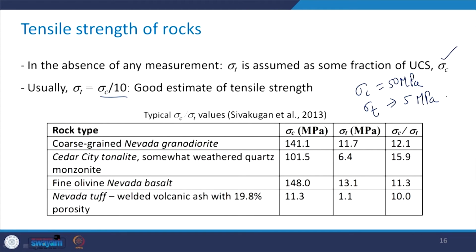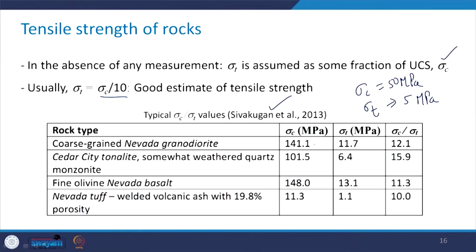Now some of the literature shows typical sigma c upon sigma t values for different rock types. So here we have mentioned, again this has been taken from this reference, the coarse grained Nevada granodiorite. We have discussed what kind of rock granodiorite is, what is its mineral composition. Nevada is a place.